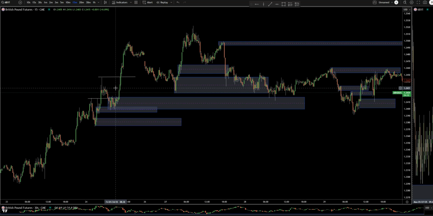Preferably strong moves with fair value gap candles. And I can do a lesson on that if you guys don't know what fair value gaps are. Preferably a move that's 2 to 3 times the size of the zone at least, to indicate that there's a good amount of orders there.